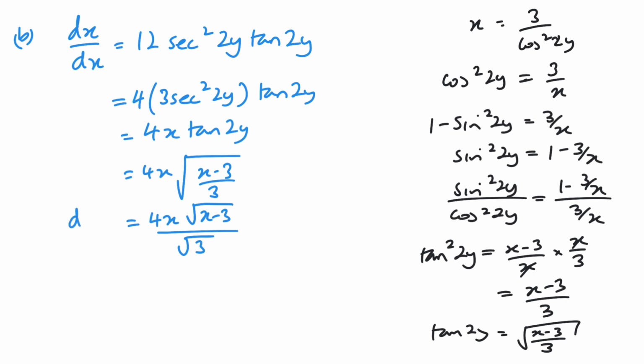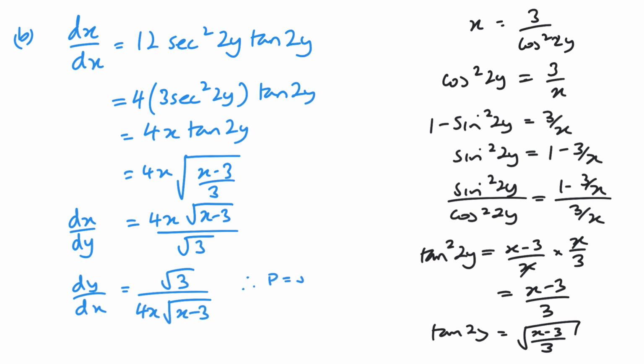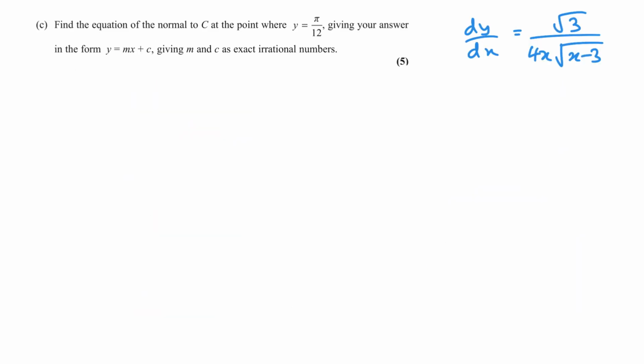Now this is obviously dx by dy, so dy by dx will just be this flipped, so we get root 3 on the top, we get 4x root x minus 3 on the bottom. So that means that p is root 3, which is irrational, and q is 4, which was an integer as required.